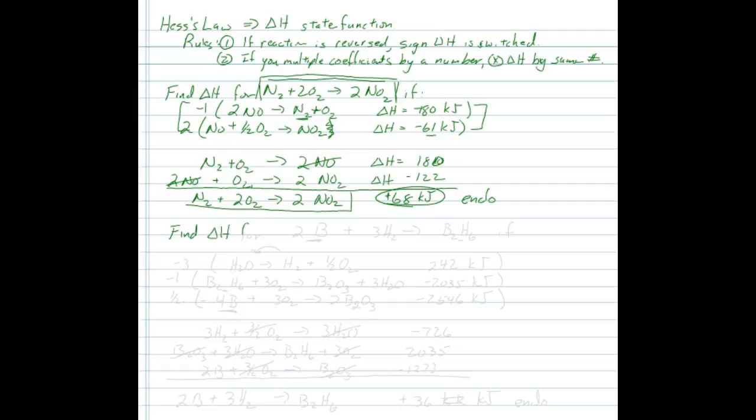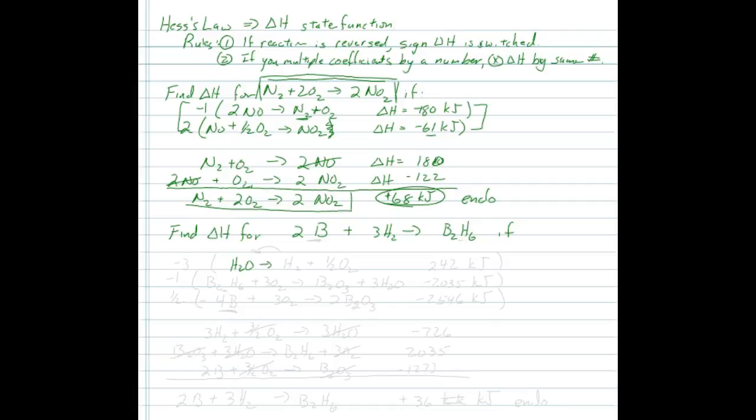Find delta H for 2 borons plus 3 H2 yields B2H6. There's a technical name for that. And now we have 3 subparts.